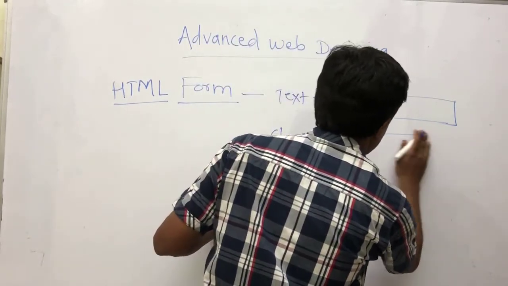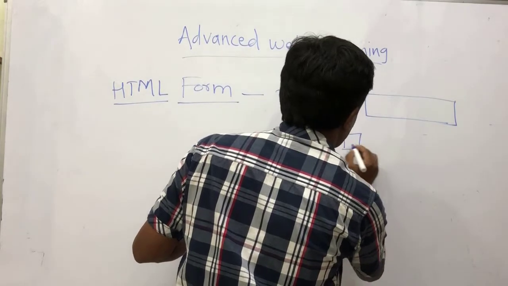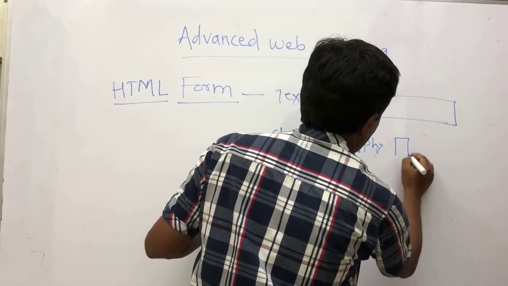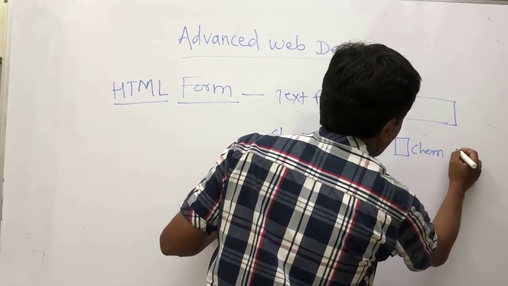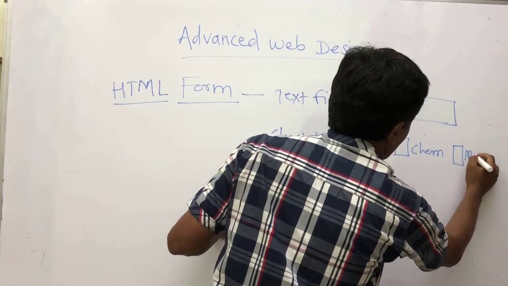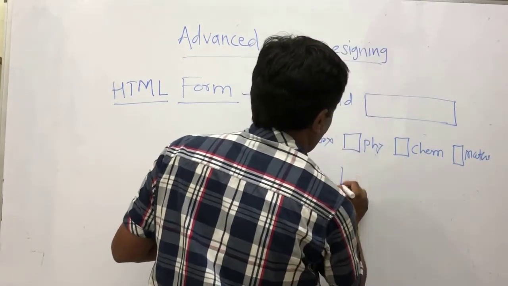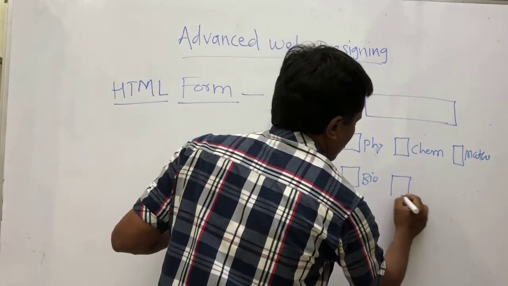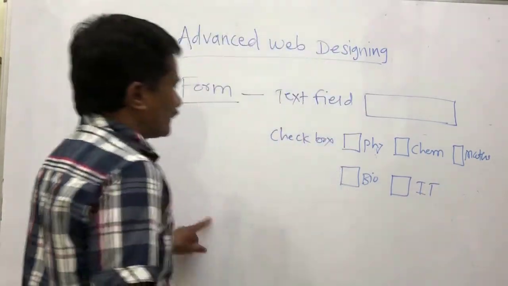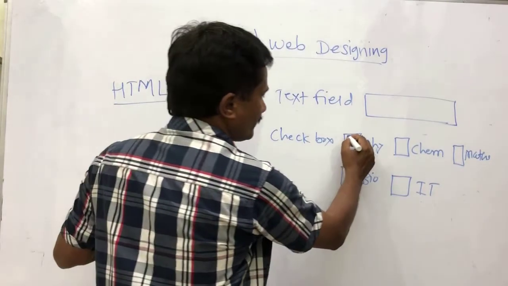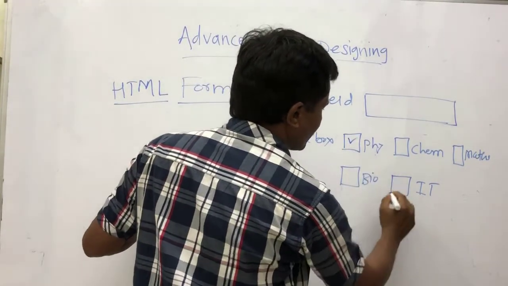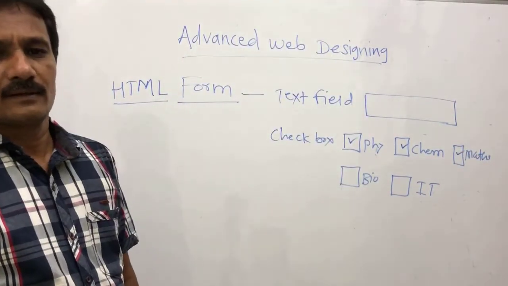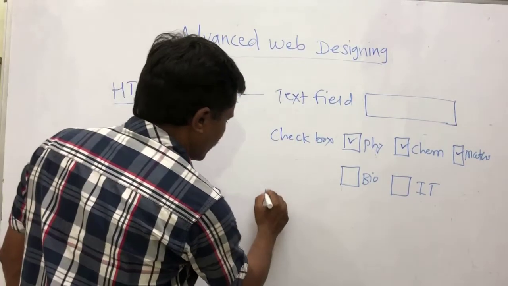Checkboxes are represented so that you can just tick mark the checkbox. Then the next element is radio button.